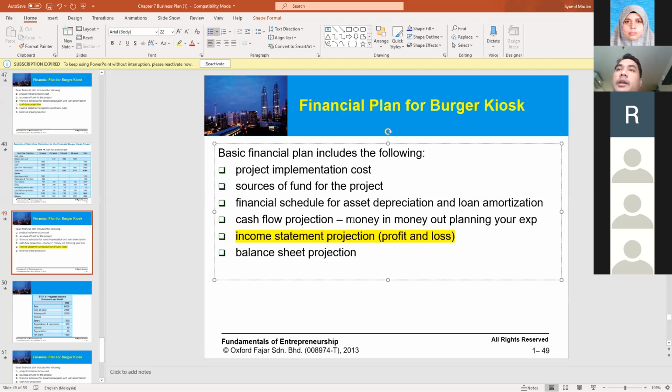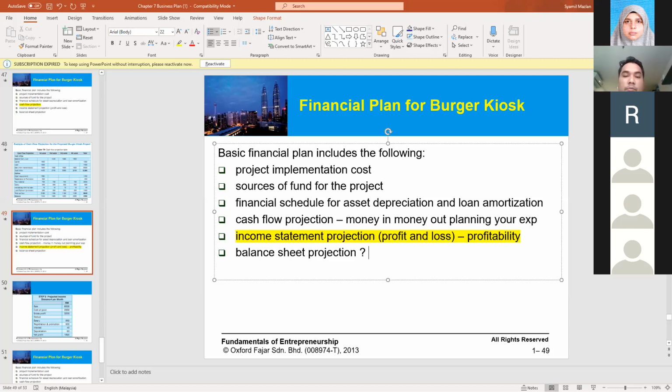Otherwise you end up lending people money. So what is the purpose of making an income statement? Because you want to see the profitability of the business.